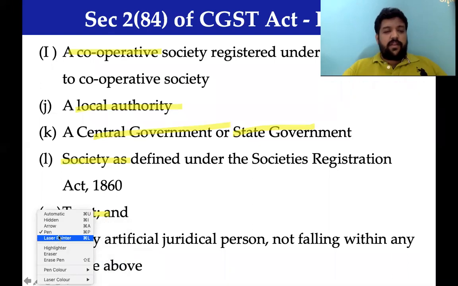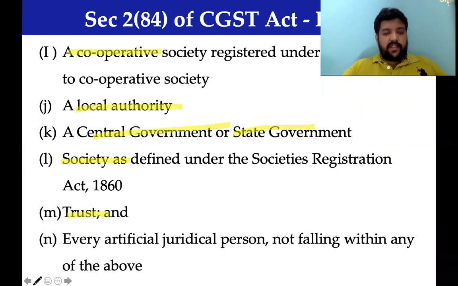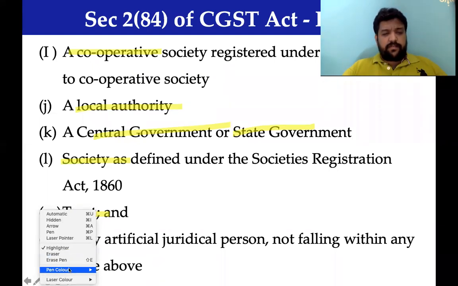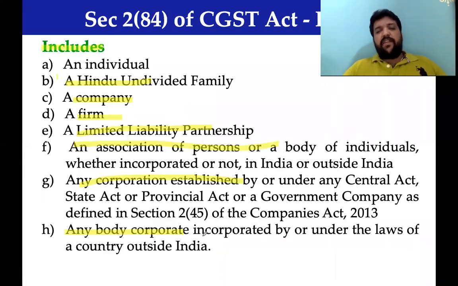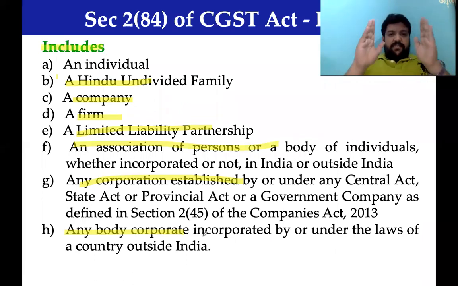All that I would say over here is, in case of all these transactions, remember, whenever you come across the word person, the word person is so wide and it would include every type of person.